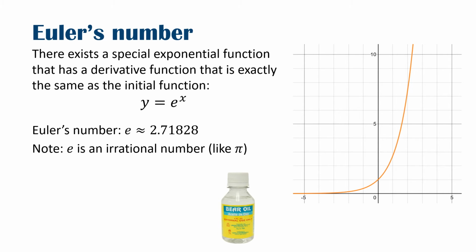If you can find this on your calculator, you'll have a button that's e to the x, and if you type in x as 1, the calculator comes back with Euler's number, 2.71828, and so on and so forth. Right? e is irrational, just like pi is. It is a non-recurring, never terminating decimal that just goes on forever. Much like pi, computers have been used to calculate the value of e to millions of decimal places.